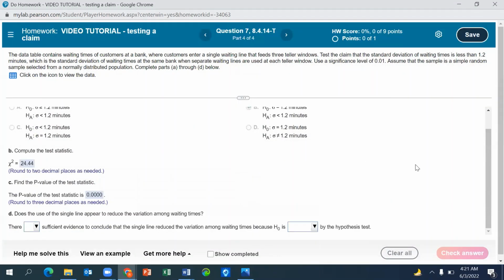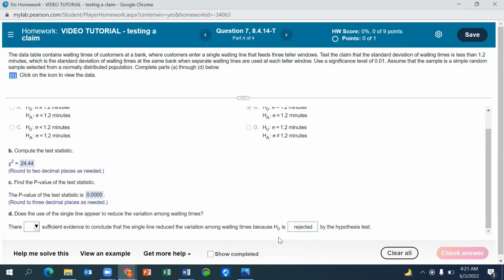So now they want us to make a decision. If you notice, the p-value is 0, and this is definitely less than the significance level, which is alpha. And you know that when the p-value is less than alpha, you have to reject the null hypothesis. Now, we usually say that first, but in the way they put the question here, you reject the null hypothesis, so the null hypothesis is rejected here on the right side, okay?